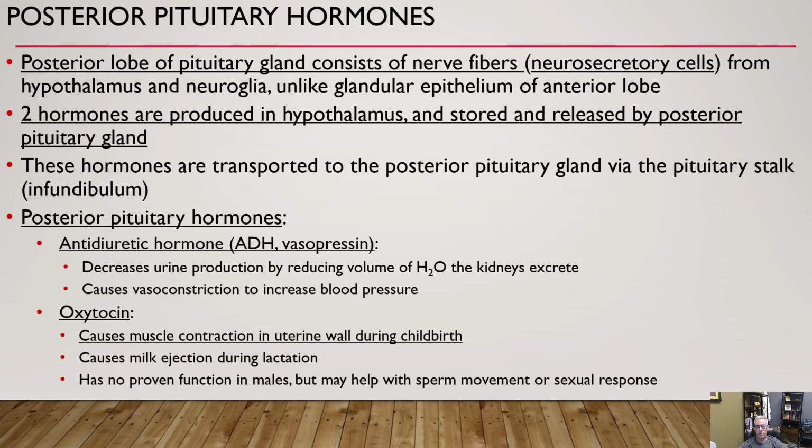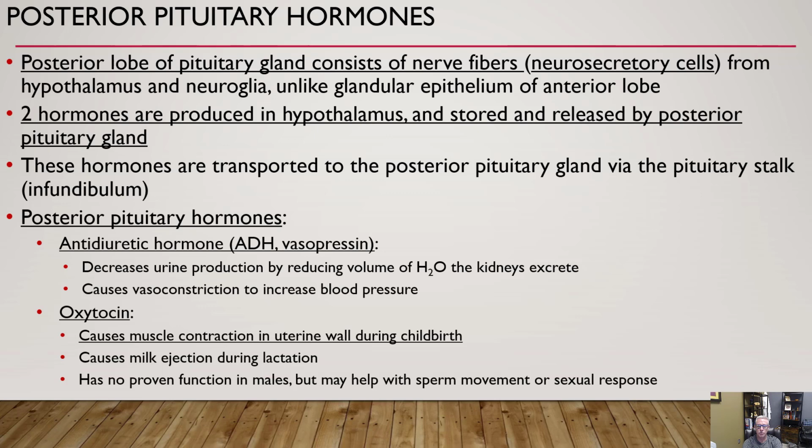And it also causes vasoconstriction to increase blood pressure. I mentioned before that you can give this as a medication, typically in the ICU setting, to increase blood pressure. So not only does it hold on to water to increase your blood volume, but it will also vasoconstrict to increase your blood pressure.